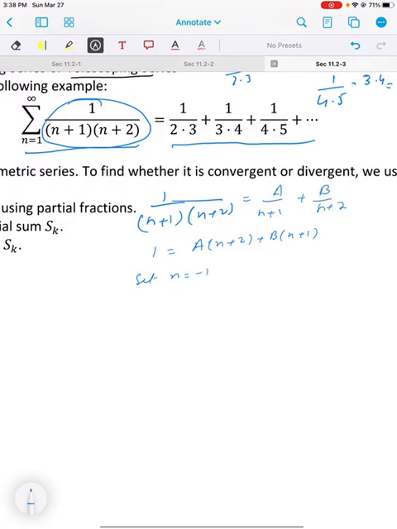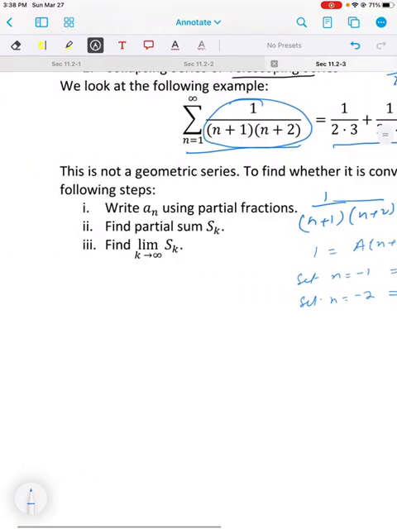Set n equals -1. This gives me 1 equals a into 1, or a is equal to 1. Now set n equals -2. This gives me 1 equals b into -1, or b equals -1.